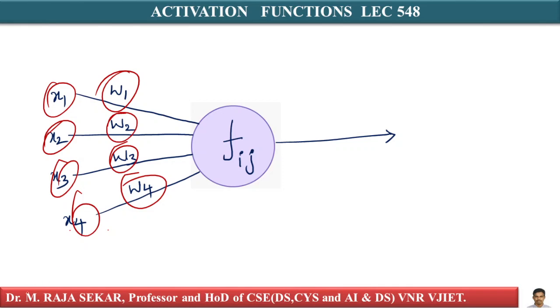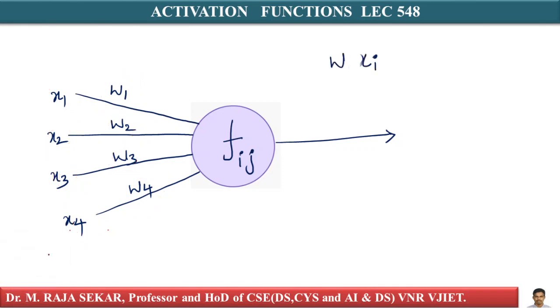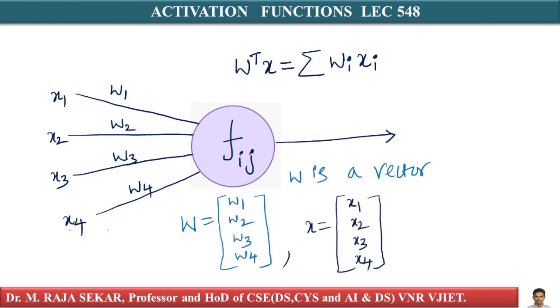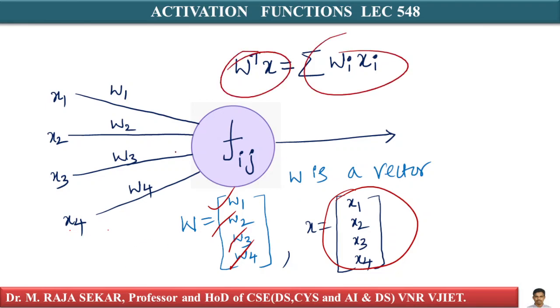When I multiply W_i x_i and sum them, this is equivalent to W transpose X. W is a column vector W1, W2, W3, W4, and X is also a vector X1, X2, X3. This is essentially W transpose X, where both X and W are vectors.